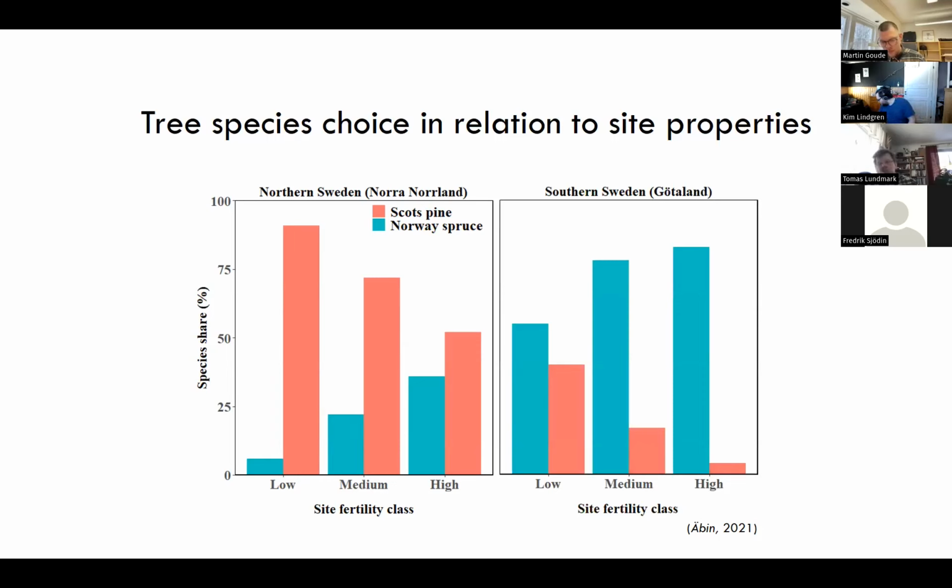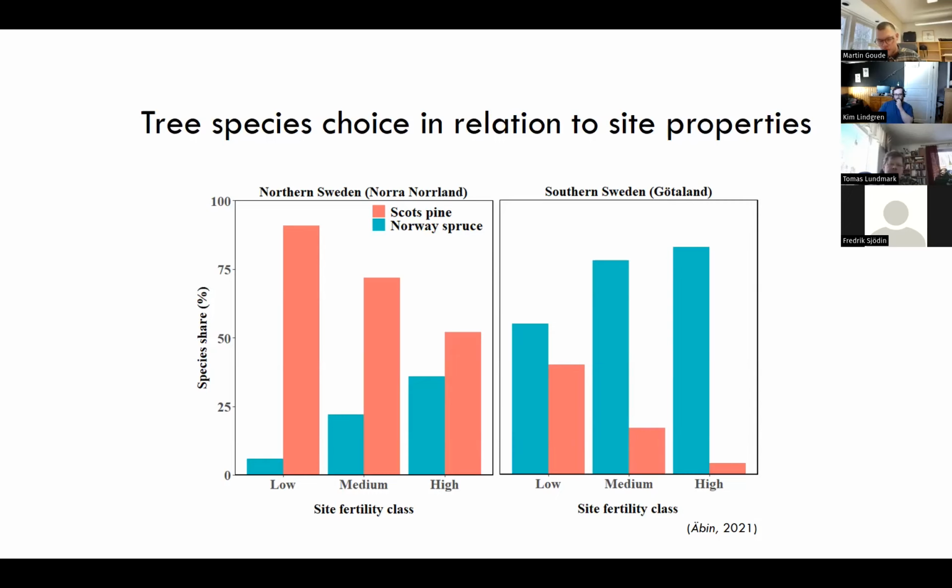If you look at southern Sweden, you can see that the trend is totally opposite. It's Norway spruce that is the predominant tree species in regeneration across all fertility classes. So this contradicts a lot of what you saw in the last slide, showing the general recommendations for both species.